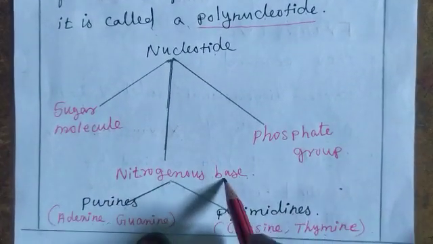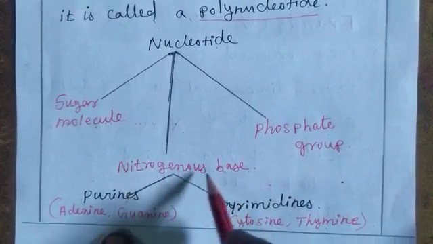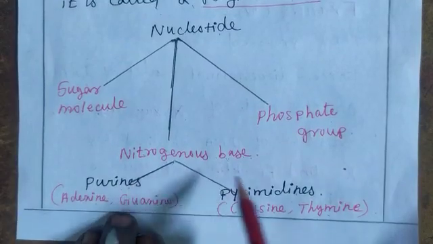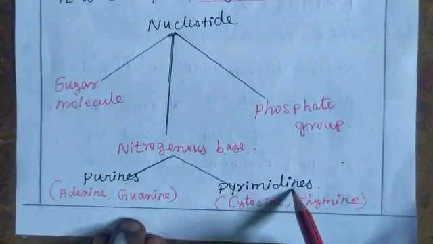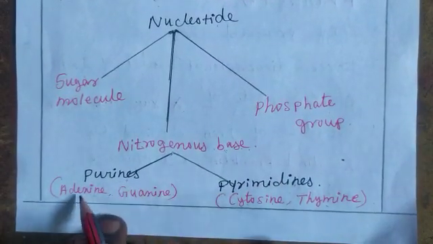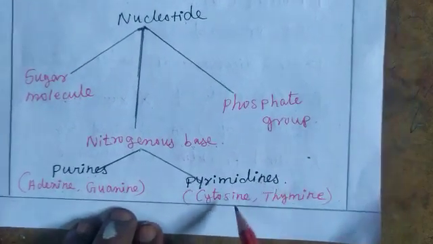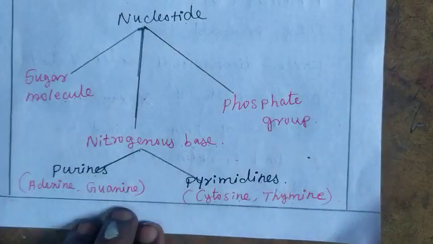The nitrogenous bases are of two types: one is purines and another is pyrimidines. Purines consist of adenine and guanine. Pyrimidines consist of cytosine and thymine.